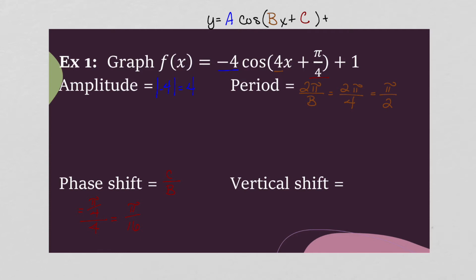And as usual, inside the parentheses is the opposite. So since it's positive pi over 4, we'll do the opposite and go left pi over 16. And then we do have a vertical shift. That's D. So it's shifting up 1.